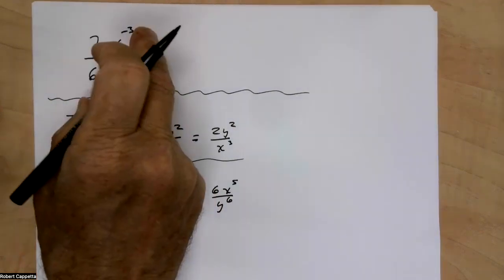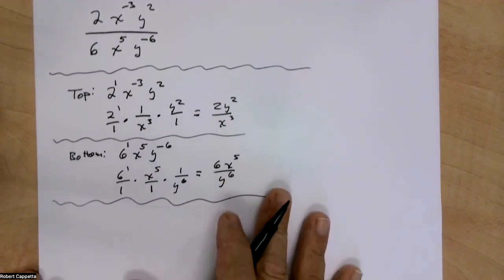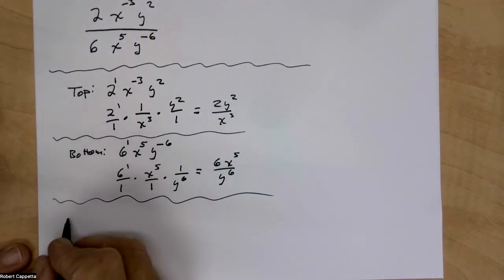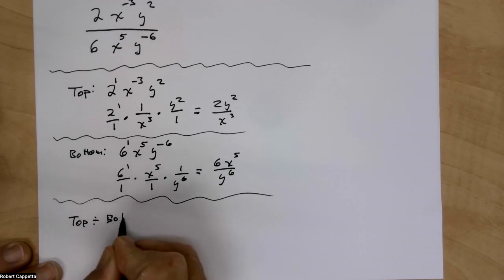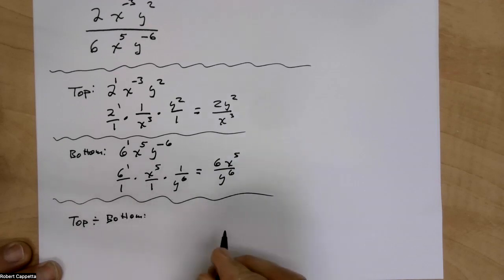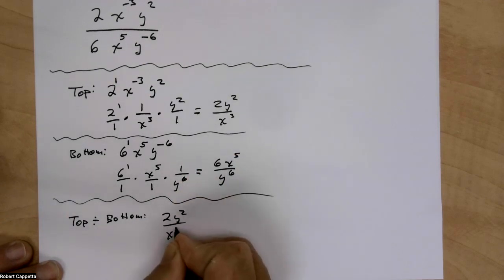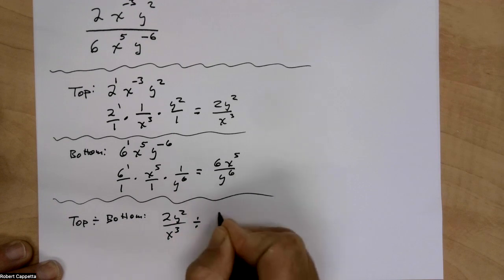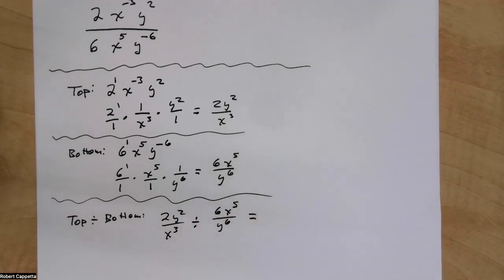So we've simplified the top, we've simplified the bottom. And we can finish this then by taking top divided by bottom. So top divided by bottom, 2y squared over x cubed divided by 6x to the 5th over y to the 6th. What does that equal?